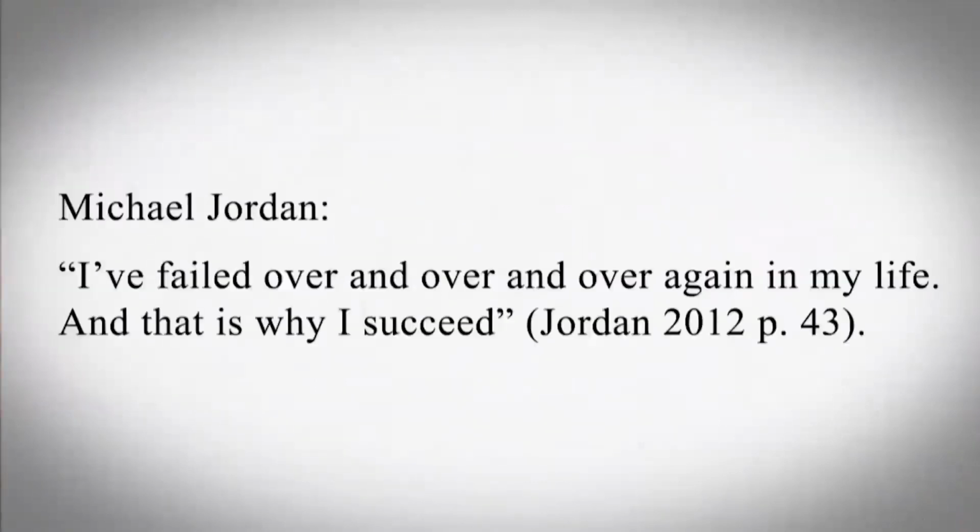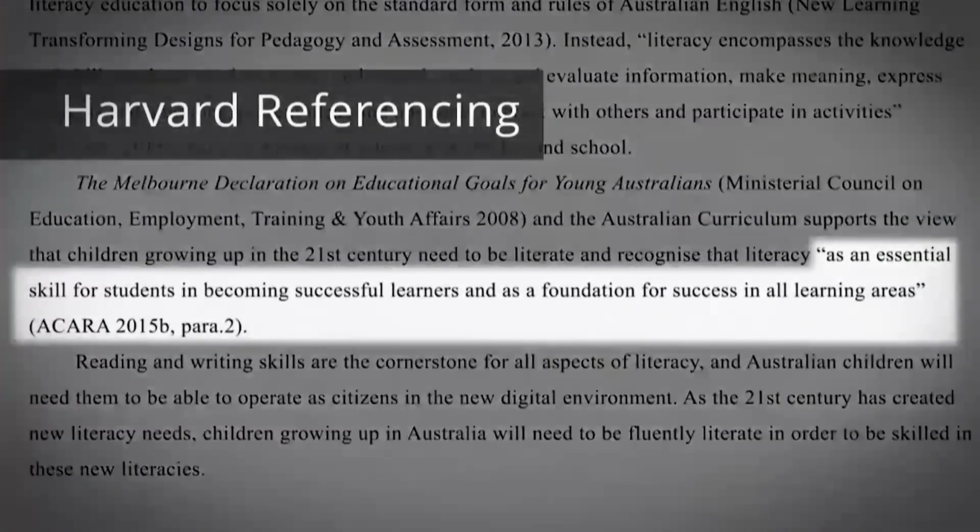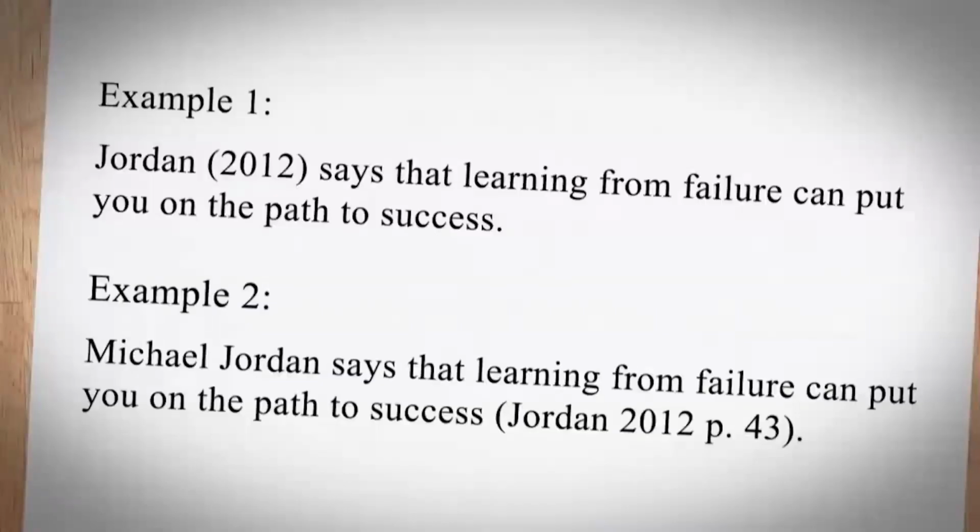When referencing a direct quote, enclose the quote with double quotation marks. When using the Harvard referencing method, the in-text citation should be written immediately after the quote, before the end punctuation mark. You cite a quote using the Harvard referencing method this way. Take note of the punctuation, as this is important. When referencing a paraphrase, you can either begin your sentence with the in-text citation or end with it.